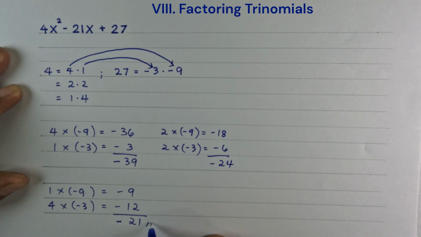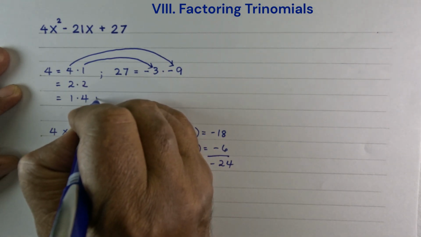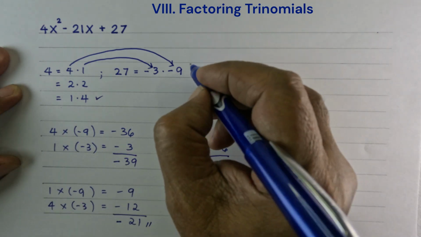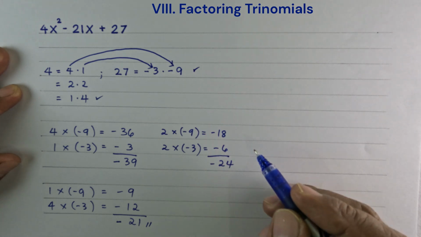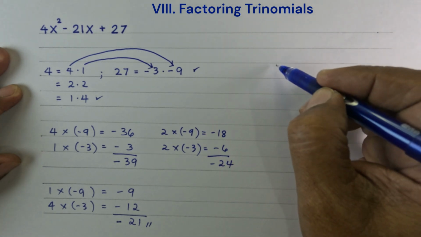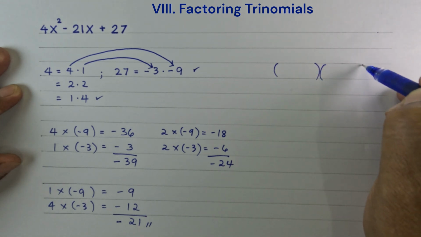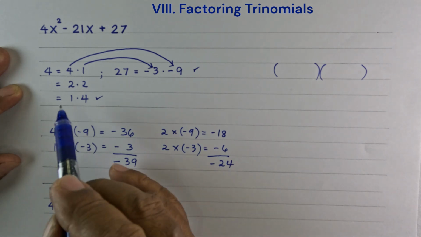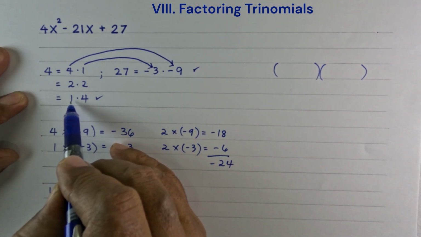And therefore, the combination of factors would be 1 and 4. And this one, negative 3, negative 9. So, let's copy the factors. So that's 1 and 4. That means x.